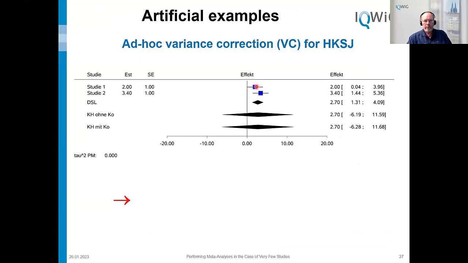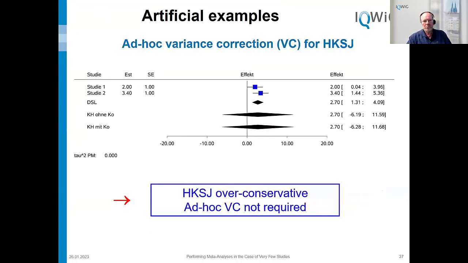We have 2 studies, both are significant. And in this case, Hartung-Knapp-Sidik-Jonkman, without correction or with ad hoc correction, there's no difference. Of course, both methods are very conservative. The ad hoc variance correction is not required here.